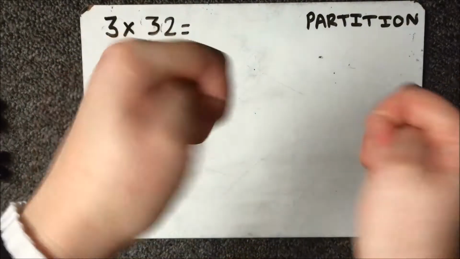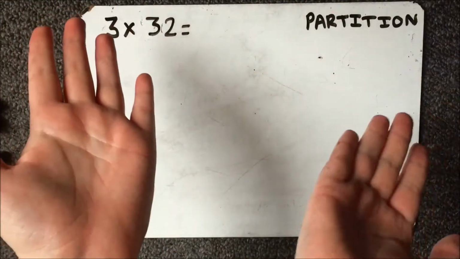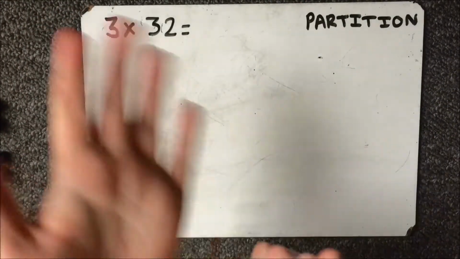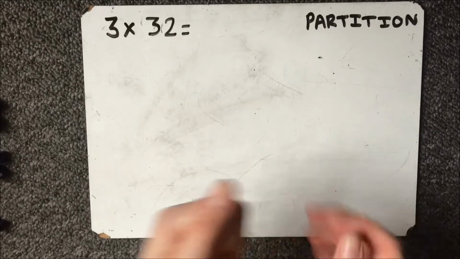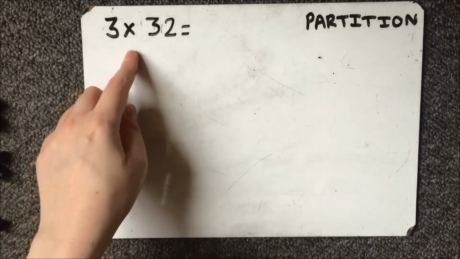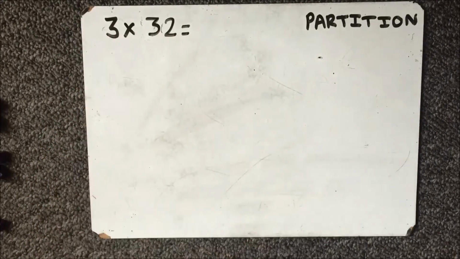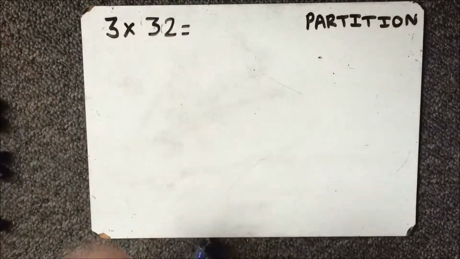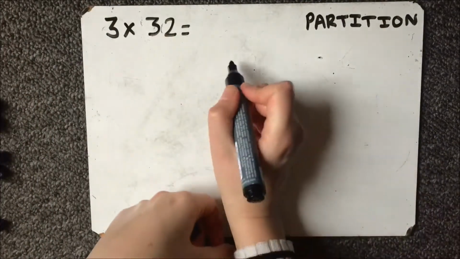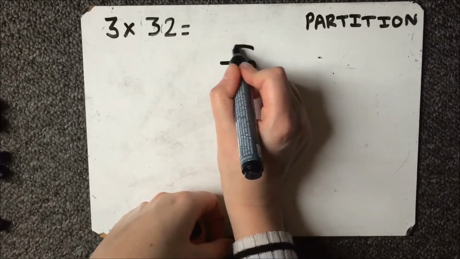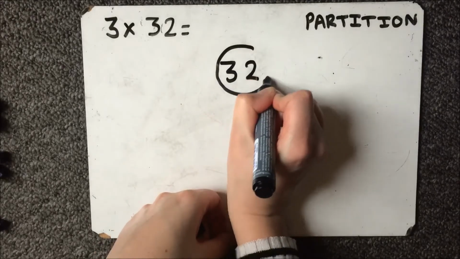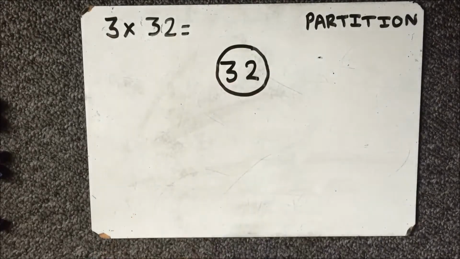It means we're breaking the number. We're separating it, partition, into its different parts, into its hundreds, tens and ones. So because we're doing 3 times 32, we're going to partition 32. So just like a part whole model, this is my whole 32.